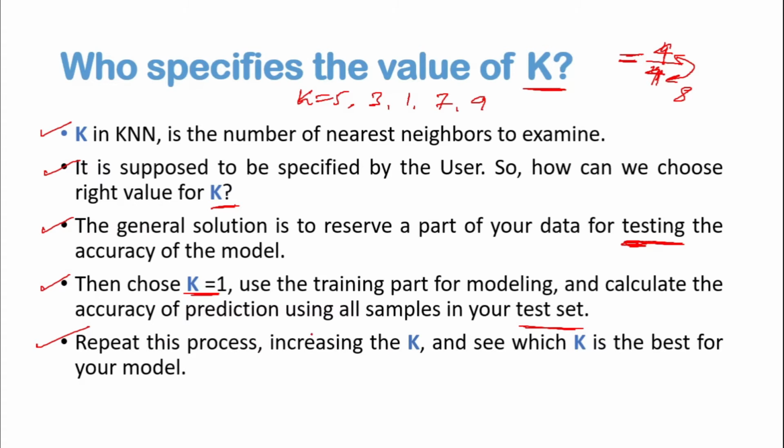By increasing k, see which k is best suited for your model. If the accuracy on the testing examples is higher, then we stick to that value of k. So this is very simple, right? But we need to look into all the k values, and this is how we choose the value for k.